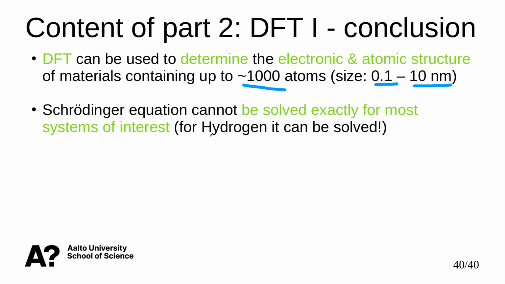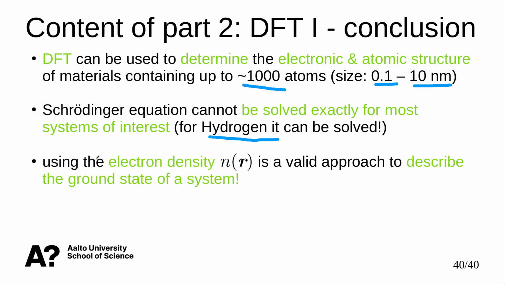I mean, hydrogen is quite nice, don't get me wrong, but only solving hydrogen might be a bit boring, so to say. So we need to make approximations to solve it in practice. Using the electronic density is a valid approach to describe the true ground state of the system. We discussed that from the transition from electron to density.